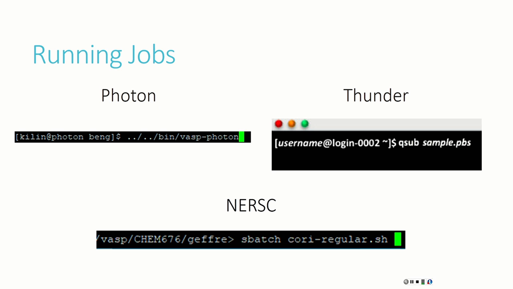In Thunder, you simply do qsub PBS in the folder that you have your files, and in NERSC, you do sbatch, name of your SH file, in the folder that you want to run it in.